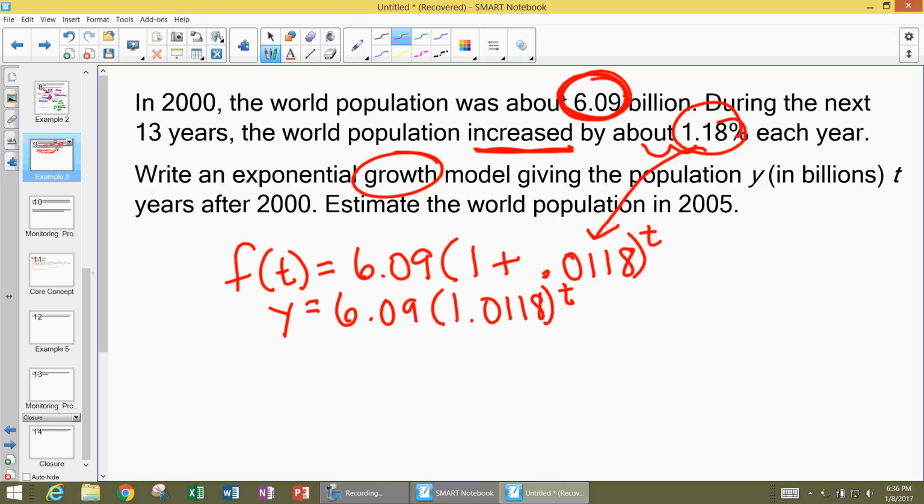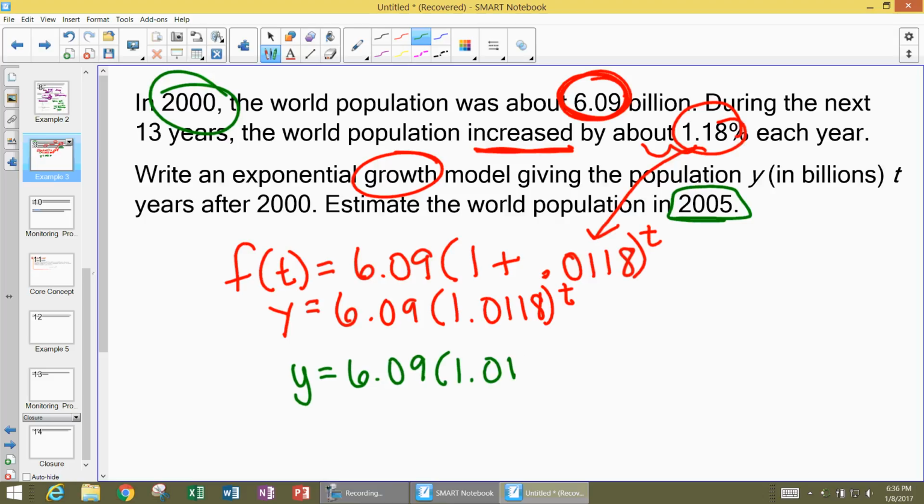Okay, so here's our function, and now it says estimate the world population in 2005. So in 2005, we're talking about 5 years after 2000. So we're going to want to put a 5 in for t. So y equals 6.09 times 1.0118 to the 5th power. So you will need your calculators for this.